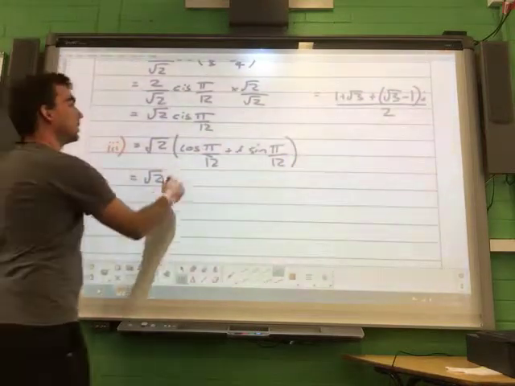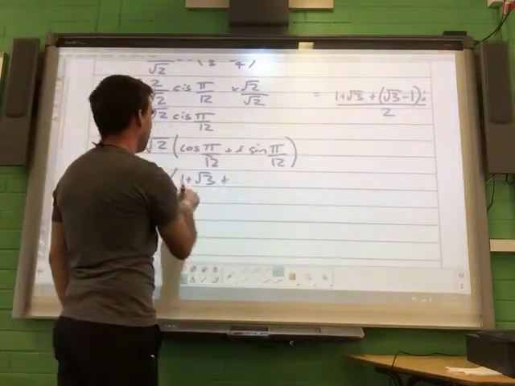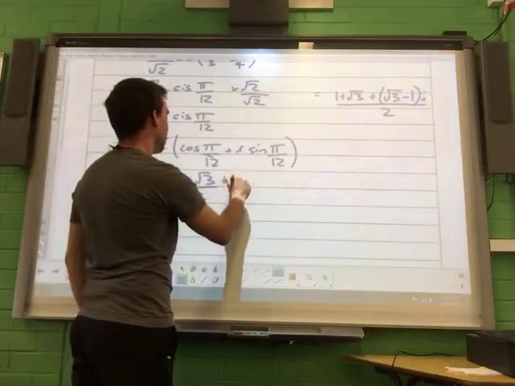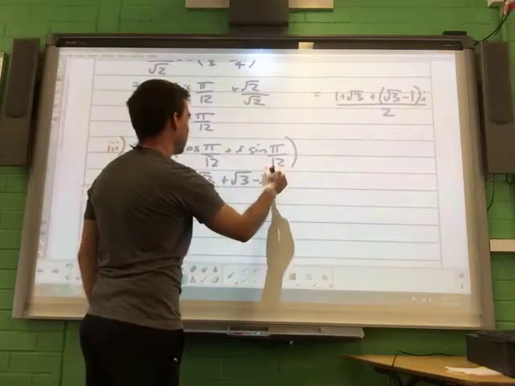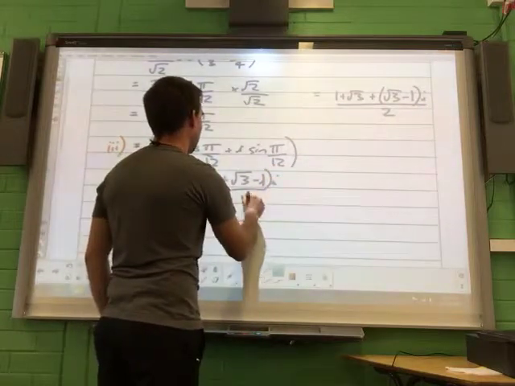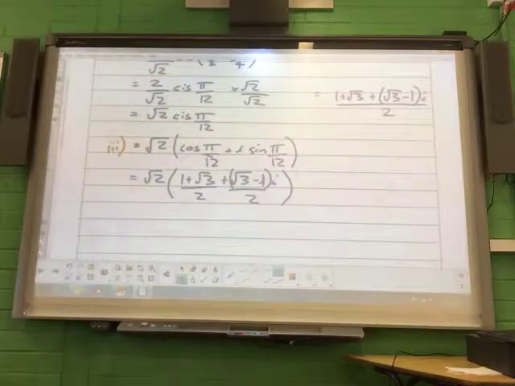Root 2 of 1 plus root 3 over 2, plus root 3 take away 1, sorry, of i over 2. Now we need to match it.